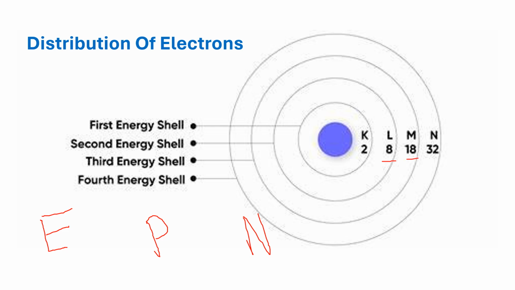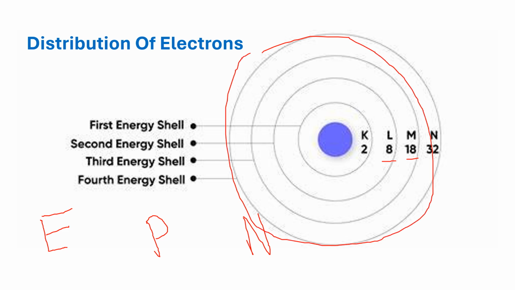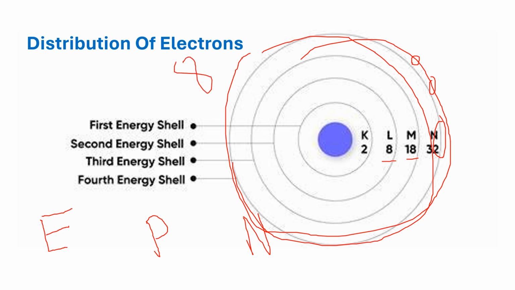The last orbit is known as the valence orbit, and the electrons present in the last orbit are called valence electrons. The maximum number of electrons in the valence shell, the last shell, is 8, because this makes the atom stable.